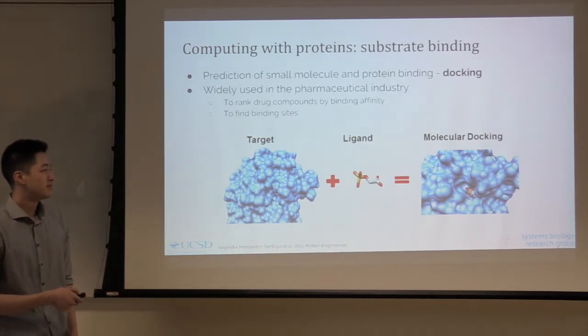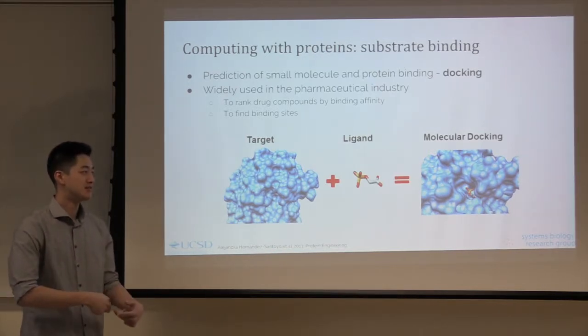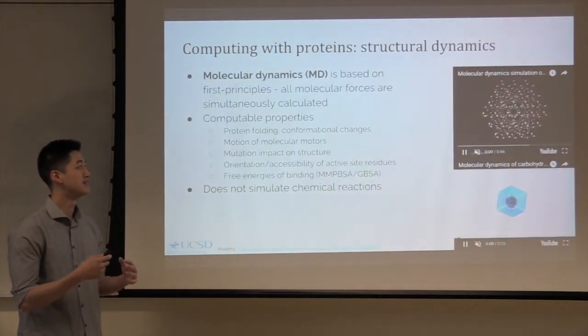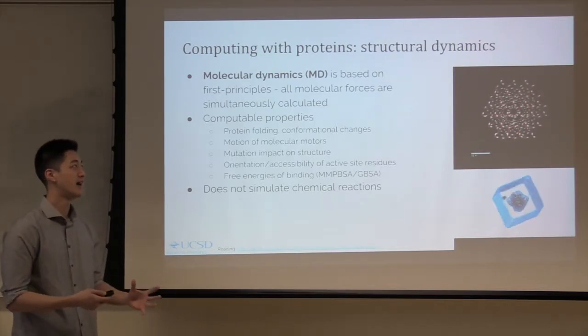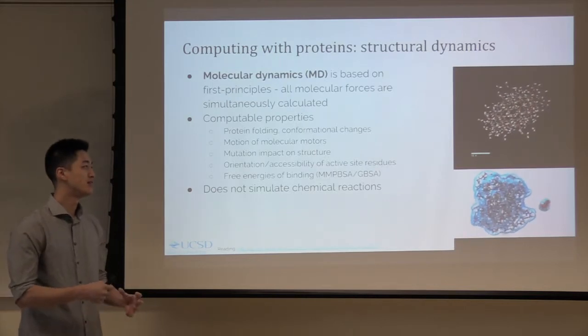This is pretty useful because it's a decently fast algorithm compared to the next 2 things that we're going to talk about. Next up is understanding the dynamics of a protein, and molecular dynamics is the main method used here. This allows you to compute movement.